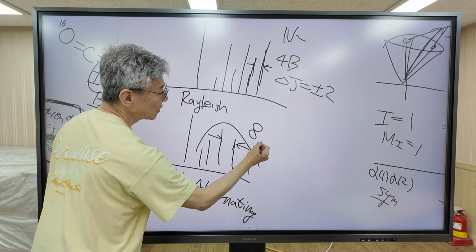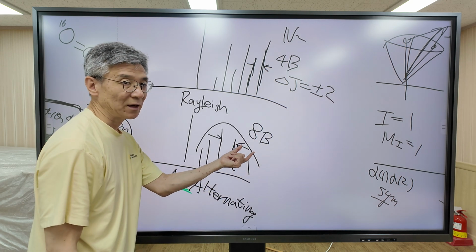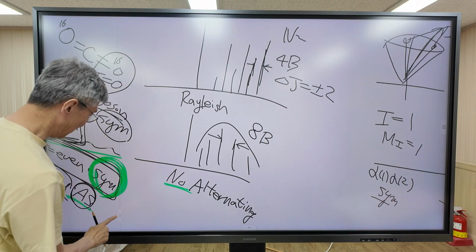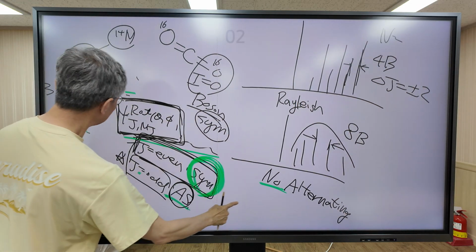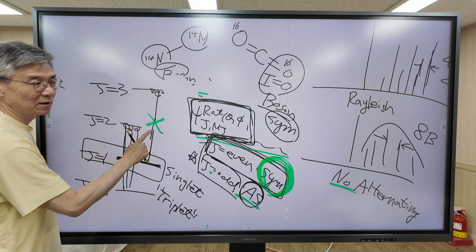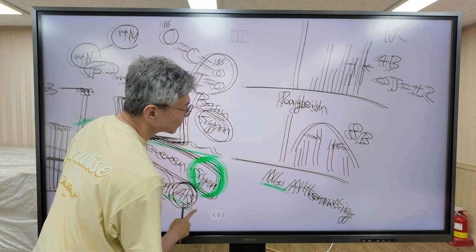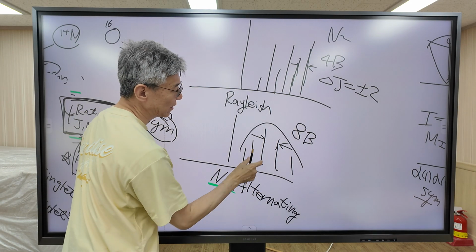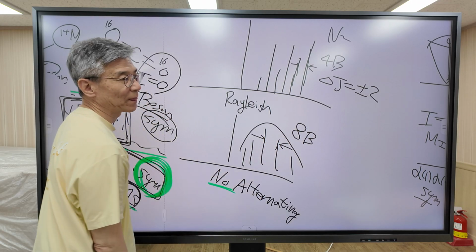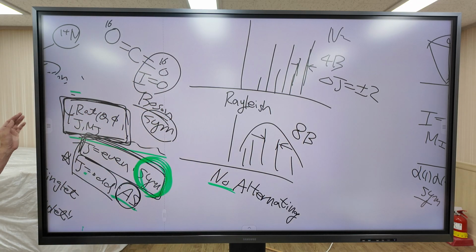It is 8B. Do you understand? Not 4B, 8B, because in the oxygen Raman spectrum, this line disappears. So in the oxygen Raman spectrum, you must be careful that the peak-to-peak spacing must be 8B. This is our final result.